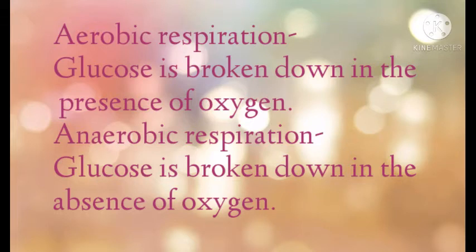So to carry out aerobic respiration, oxygen is needed, but oxygen is not needed to carry out anaerobic respiration. Now, in which organisms do these two processes take place? Aerobic respiration takes place in almost all living organisms, including plants. Anaerobic respiration takes place in microorganisms such as bacteria and yeast.